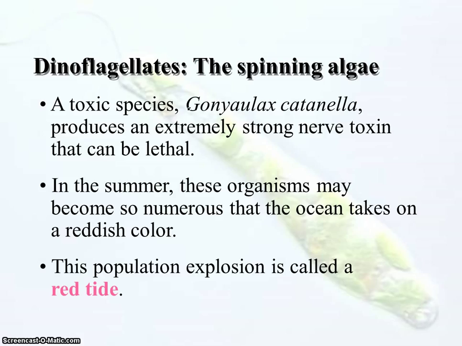And we call this, it's not a phenomenon, but we call this event the red tide. So sometimes you can have these red tides form when you have a really large amount of these dinoflagellates come together during the summer for those purposes.